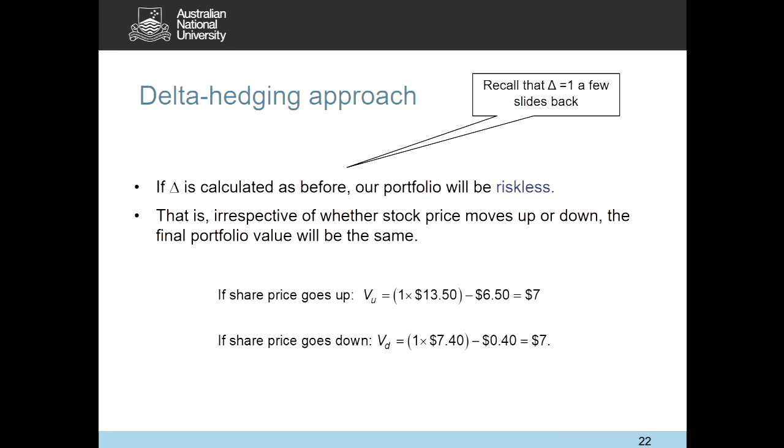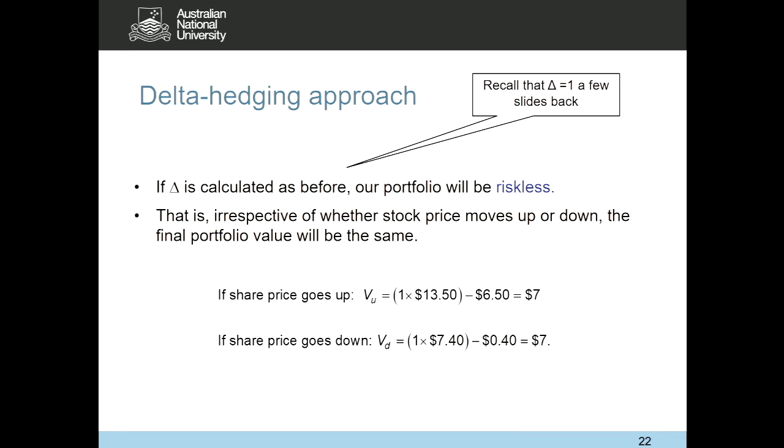Because our portfolio would always make a fixed payoff, $7, irrespective of the share price movements. Regardless of the share price going up or down, the portfolio would always end up with the same value, $7. So I would argue this portfolio is identical to a zero coupon bond, right? It's riskless. It would always have a constant ending value irrespective of the market state.